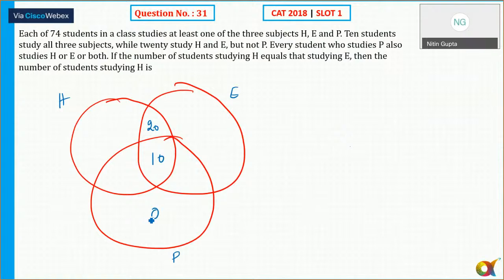So only P is 0, because everyone who is studying P studies H or E or both.